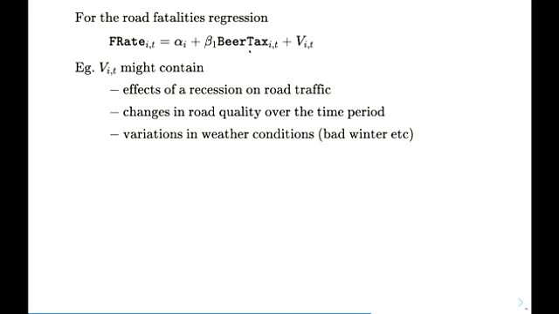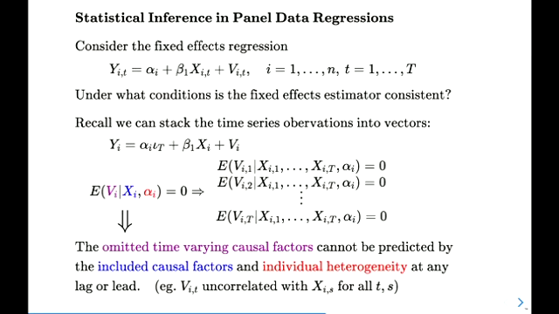So even if the recession hits this year and doesn't affect beer tax receipts immediately, but has a lagged effect, that's still an issue. That would still be violating this kind of vector of conditions. So what we would be worried about there is what this first line, for example, is saying.